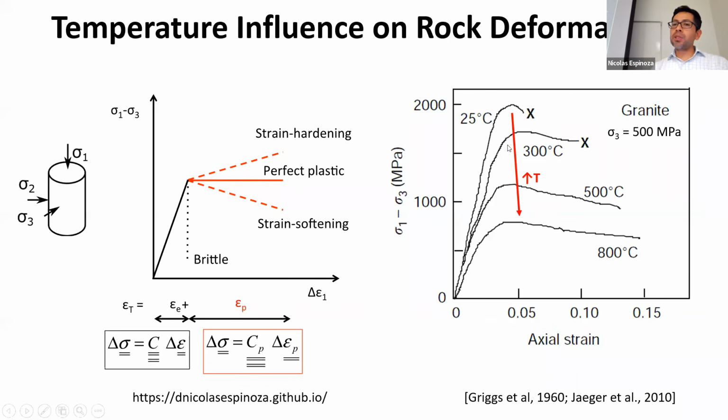And temperature plays a big role on that too. At higher temperatures, rocks tend to go from behaving in a brittle manner, failing very, very quickly, to failing in a more ductile manner. So this is also very important for drilling. If you wanted to drill a very deep wellbore, you also have to consider this type of phenomenon.